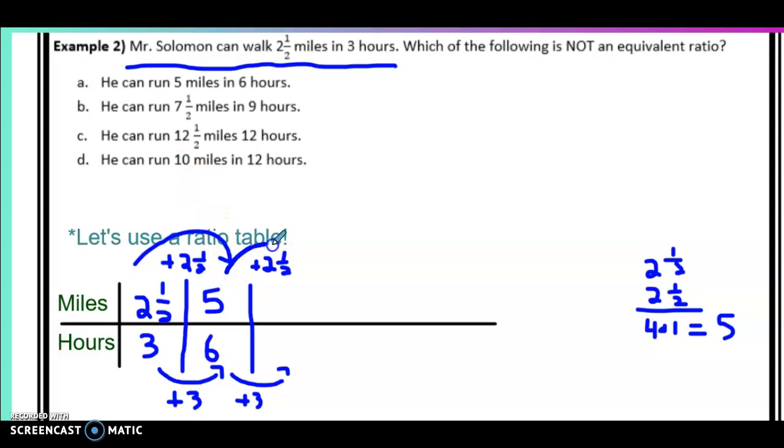So from here to here, we're adding 2.5. So 5 plus 2.5, that's actually pretty easy. Look at this. Nothing plus half is 1/2. 5 plus 2 is 7. So here we have 7 and 1/2. Down here, 6 plus 3 is 9.